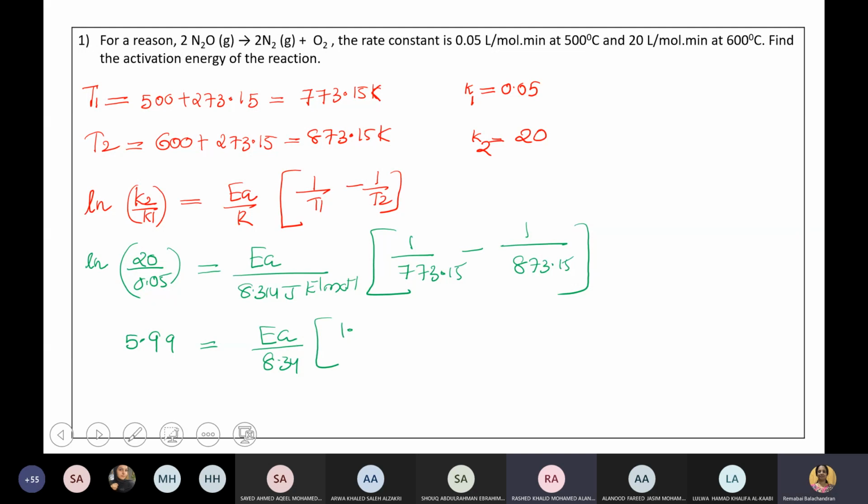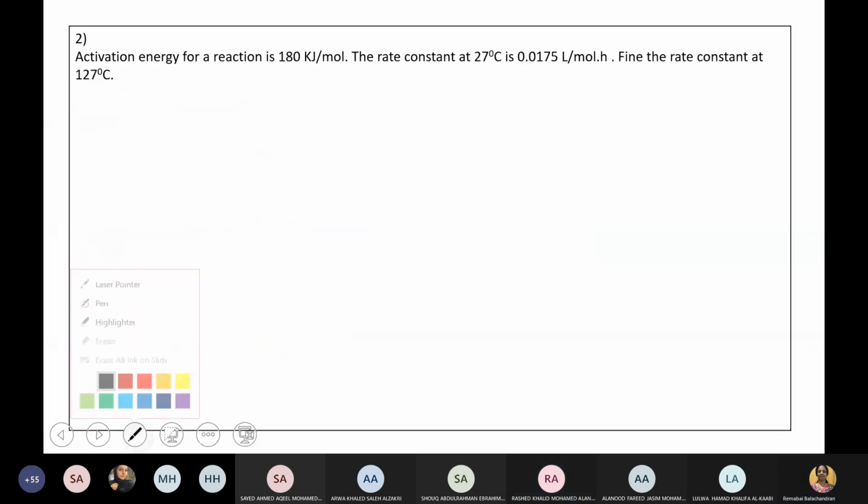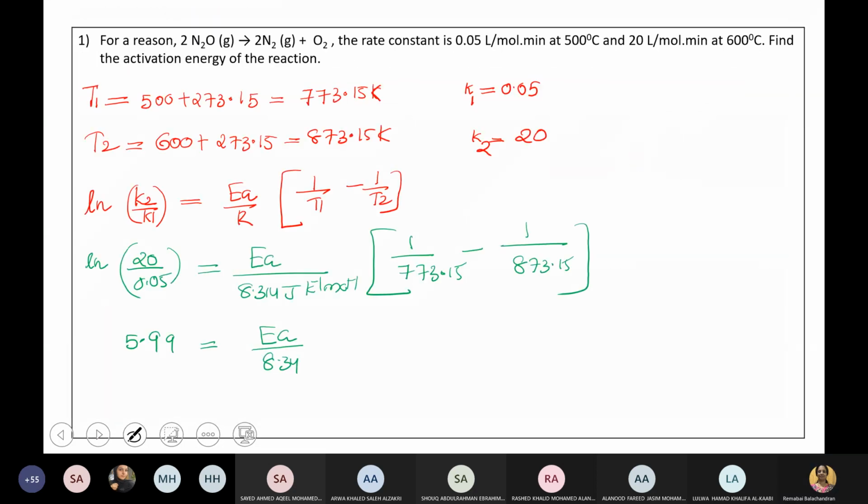Is it 1.8 times 10 to the power minus 4? After 1.4 nothing, it is 1.48.